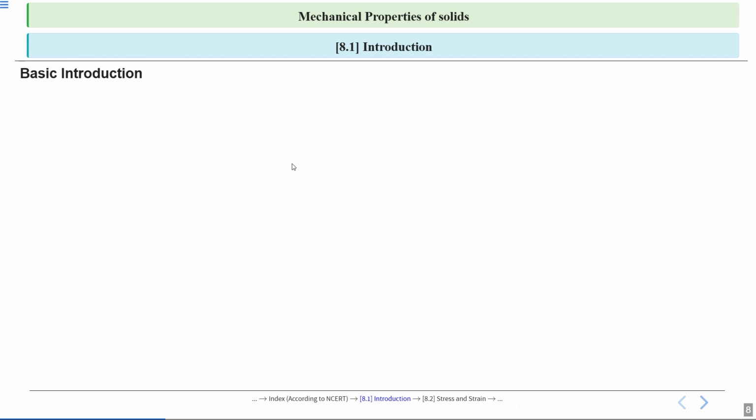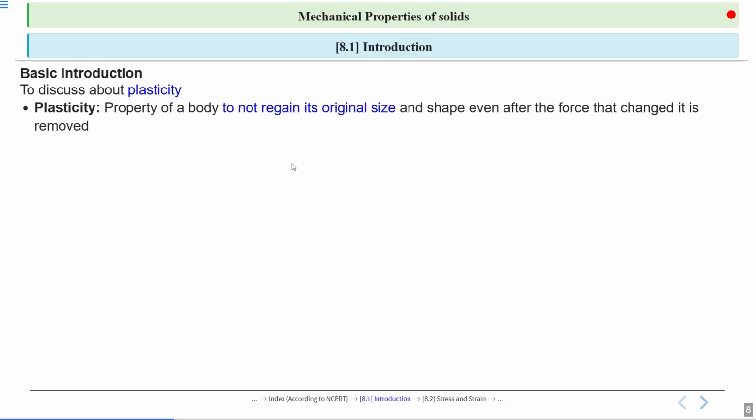Next, we have plasticity. This property refers to a material's ability to not regain its original size and shape after the force causing the change is removed. If we talk about the definition, we can say it's the property of a body to not regain its original size and shape even after the force that changed it is removed.